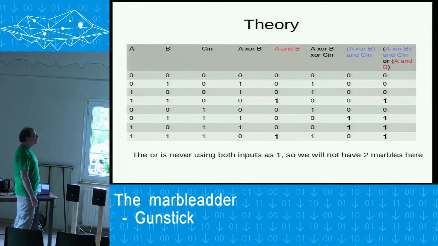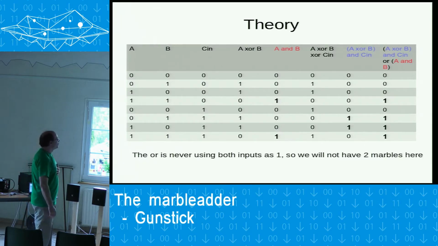And then some theory to get rid of the OR gate. So we are adding, the OR is getting results from A and B, and from A XOR B and the carry. And if you check the logic table, there's never a 1 in both columns.